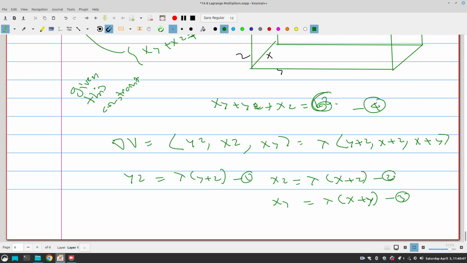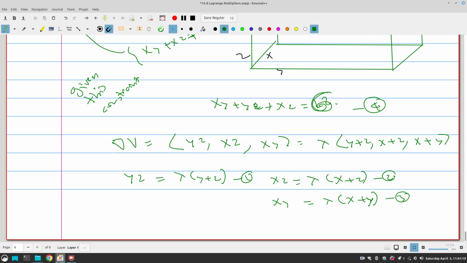One way you could do this is as suggested by the book. You multiply equation 1 by x, equation 2 by y, equation 3 by z, then they all become identical.